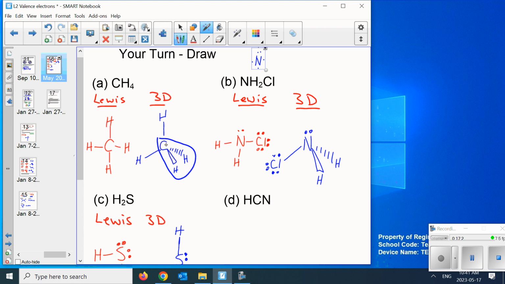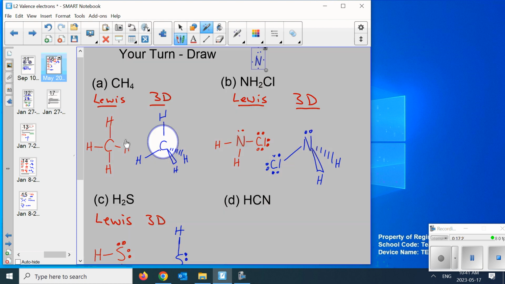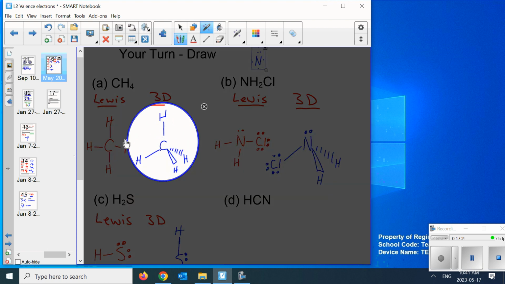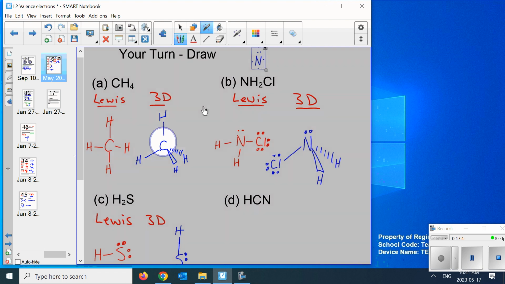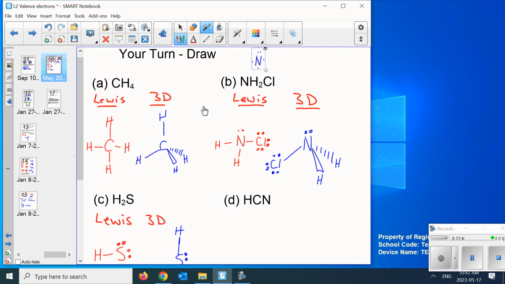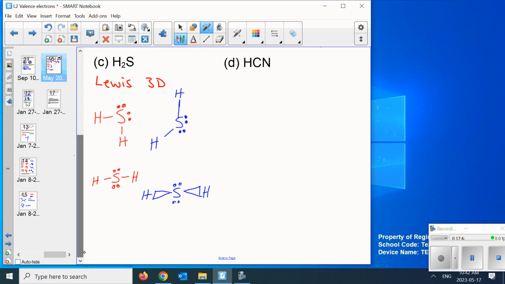I'm just showing you probably the simplest way to draw these, and I'm trying to use this as my base structure for every other thing as much as possible. So that's why the nitrogen is just the top chopped off, the water and H2S are just the right-hand H's chopped off for that same geometry. Not the same geometry, but the same base structure that the geometry is based on.